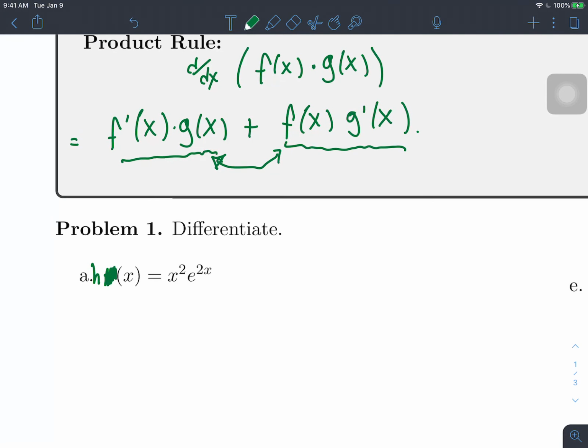So if I want to say that this is equal to f of x times g of x, where f and g are functions that I already know how to take the derivative of, then f of x should be the function x squared, and g of x should be the function e to the 2x. So the first step is to identify which functions are being multiplied.